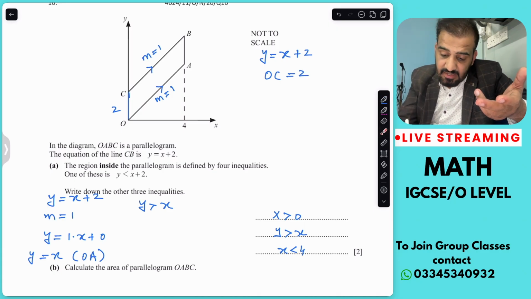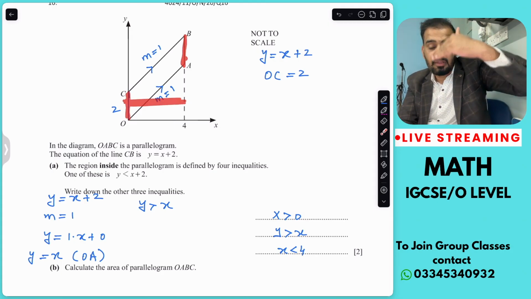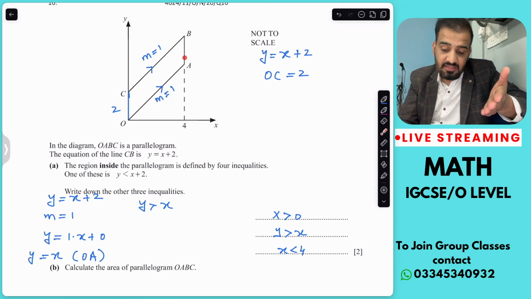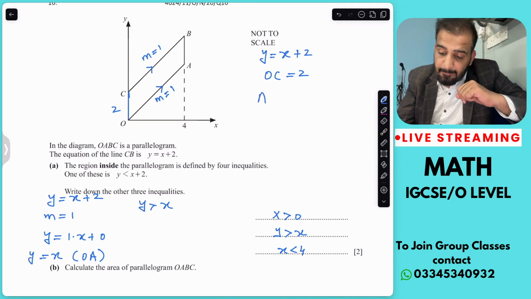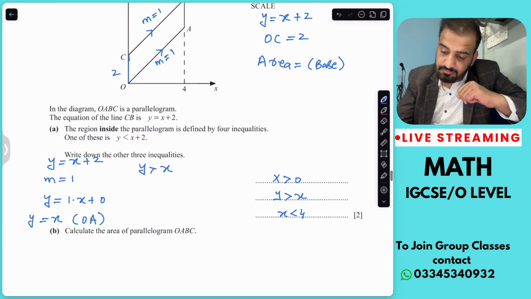And what is this height? This is the height of the parallelogram. If this is the base, then this is the height, because the maximum height of the parallelogram from the base is this. This is 4. So area is base times height.